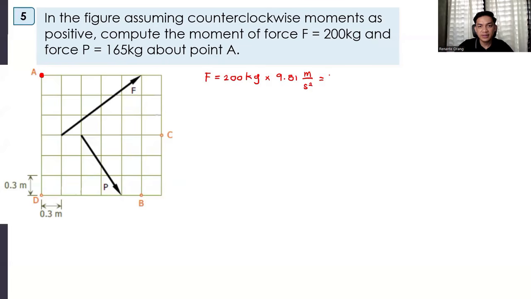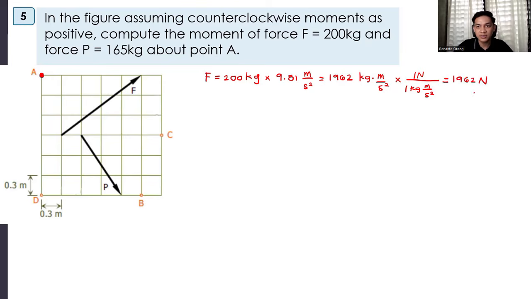So, sulat natin, class, that is 1962. Unit niya is kilogram meter per second squared. Convert natin, class, into Newton. In every 1 Newton, we have 1 kilogram meter per second squared.